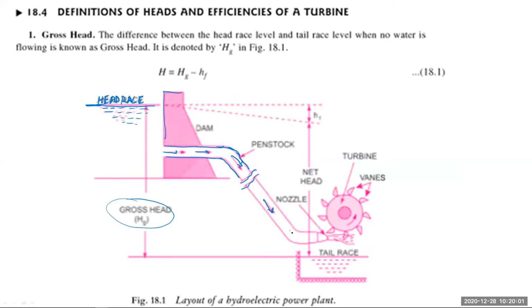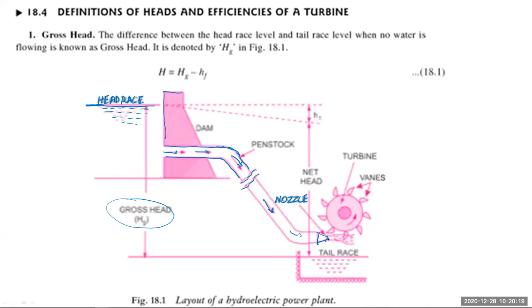The water goes, and at the end you have one nozzle. The function of the nozzle is to increase the velocity. Keep in mind once again, the function of the nozzle is to increase the velocity.